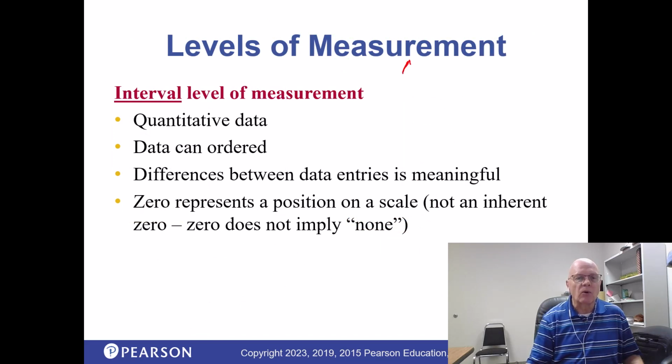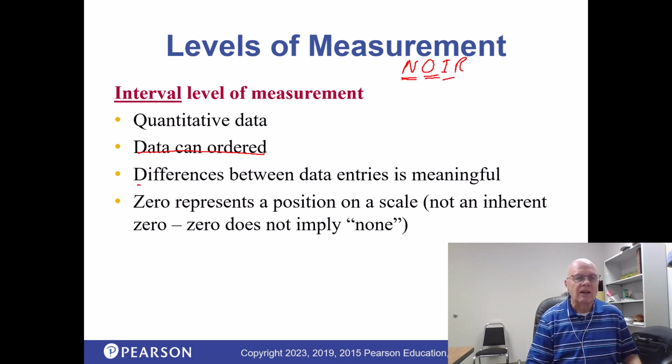You can put them in order, so it might have a name, but it also has an order, and it's an interval type. Differences this time are meaningful. You can subtract them and get something that makes some kind of sense. However, 0 does not mean none. It does not mean you have none of it.